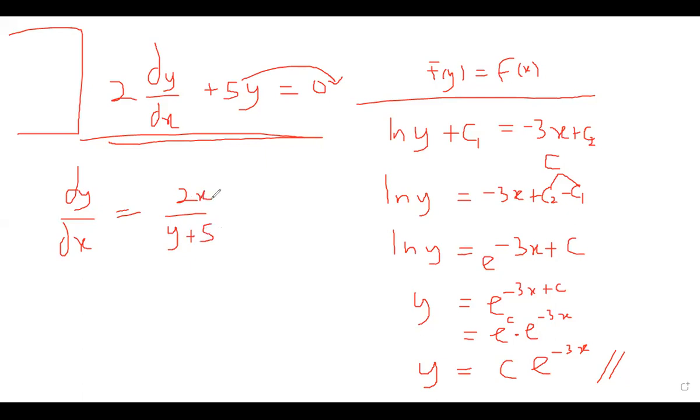So let's make it 2x over y plus 5. So we'll make use of the same technique to solve for it. Now let's look at a solution for the try question I just gave you.